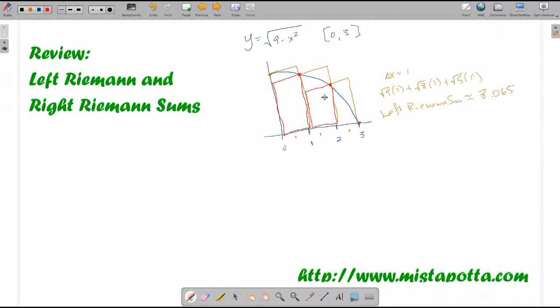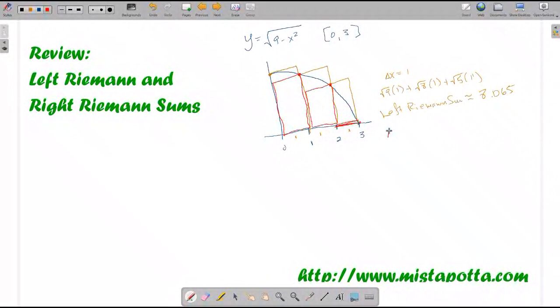The left Riemann sum uses the leftmost endpoint, my function at 0, whereas my right Riemann sum is going to use my rightmost endpoint, where my function is 3. In other words, the height of this rectangle is 0.